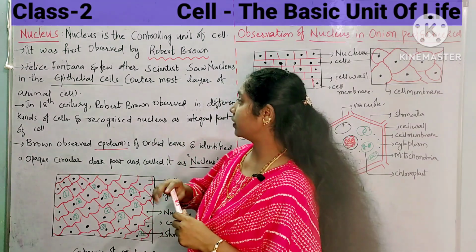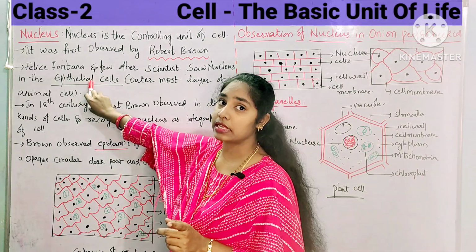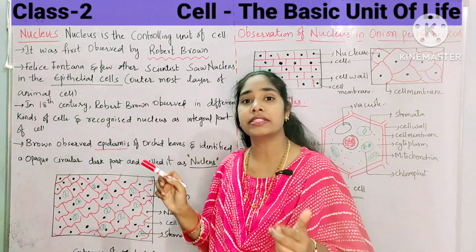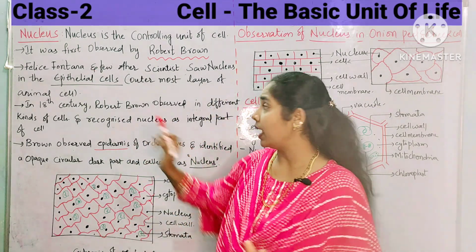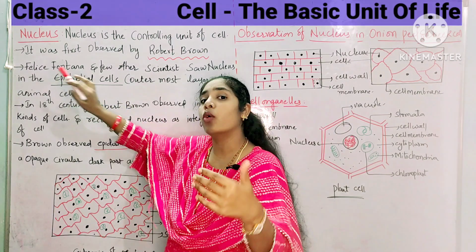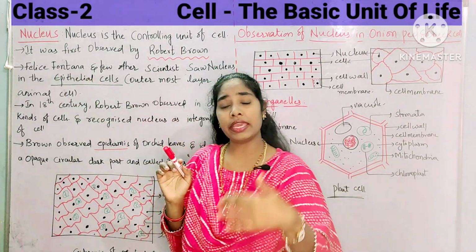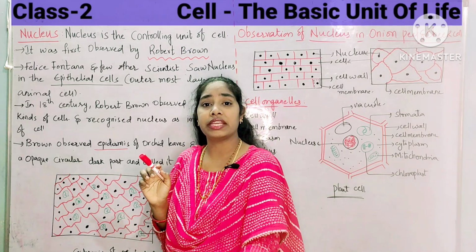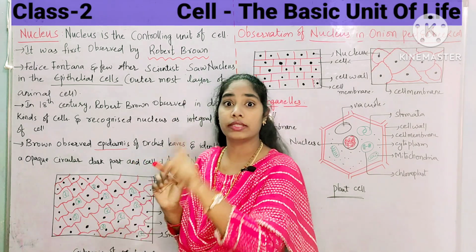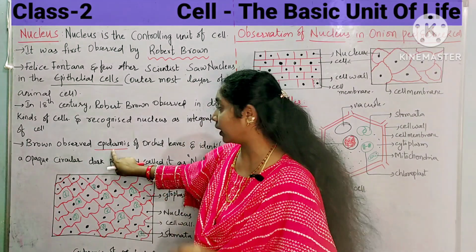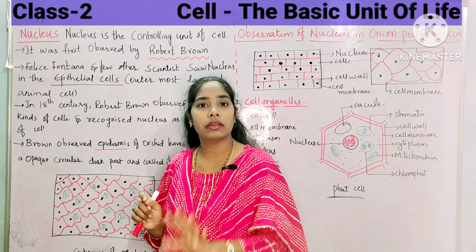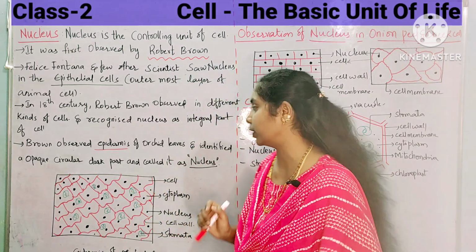Epithelial cells are observed in animal cells, whereas epidermal cells are seen in plant cells. Epi means outside, the outermost layer. If that outermost layer is seen in animals, it is called epithelial, and if it is seen in plants, it is called epidermis, epidermal cells. Don't get confused here.